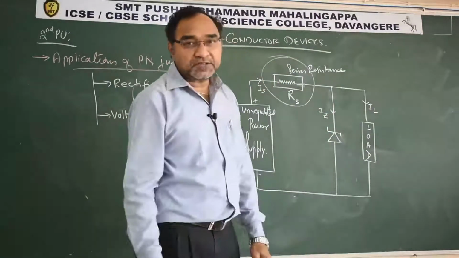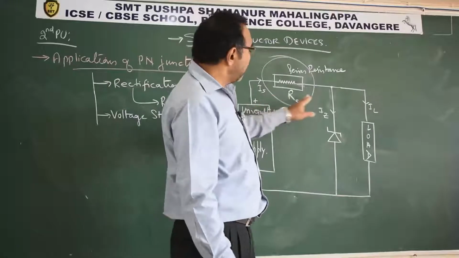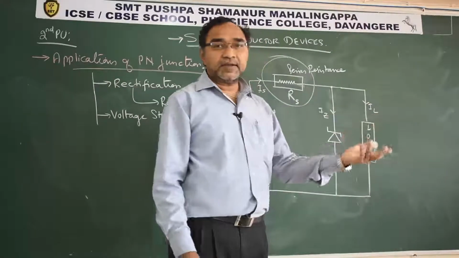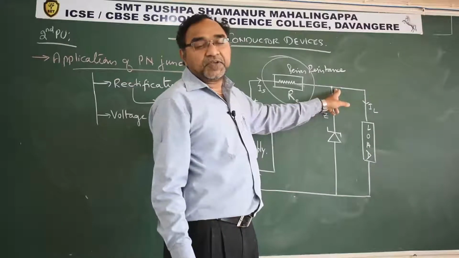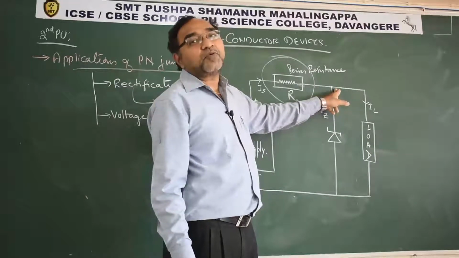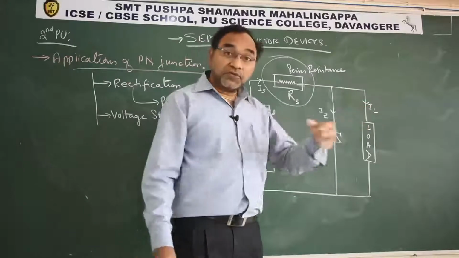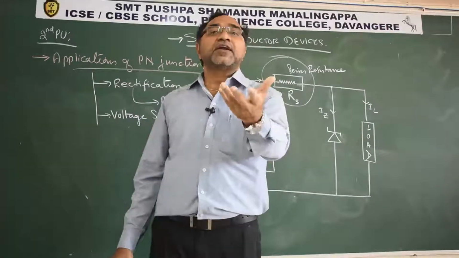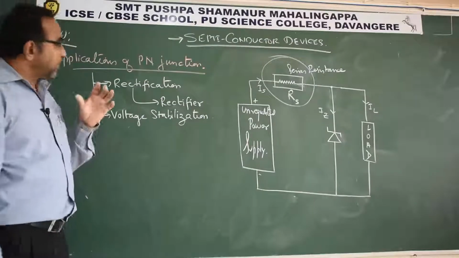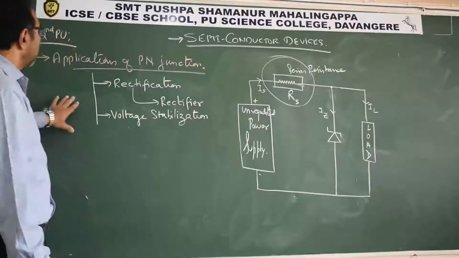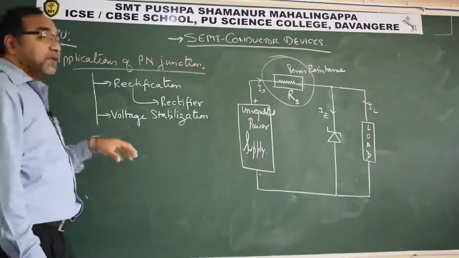Apply Kirchhoff's law: IS is equal to IZ plus IL. Apply Kirchhoff's law at this junction. The series current approaches the junction and divides. Apply Kirchhoff's law and you can get everything. This is exactly how voltage stabilization using a PN junction can be understood.